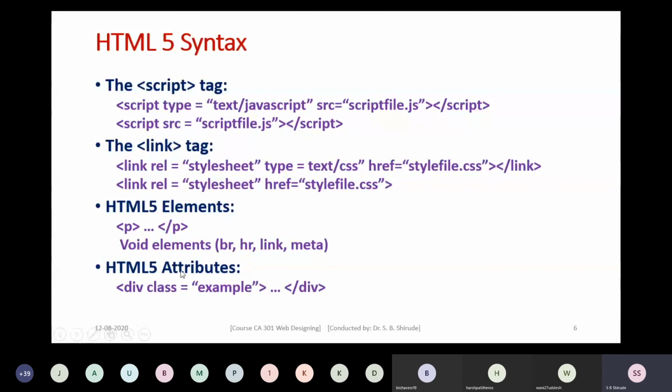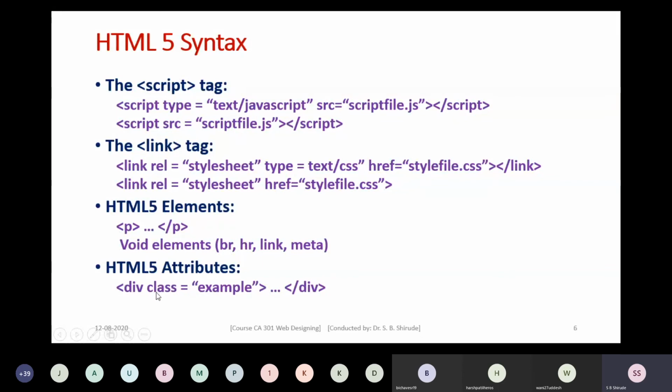Then how can you specify attributes in HTML5? Attributes are specified inside the start tag. You cannot specify attributes inside the end tag. See, this is the start tag div, and after leaving one space, we write the name of the attribute. For example, for the div tag we have the attribute class.